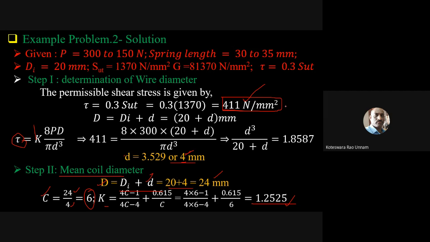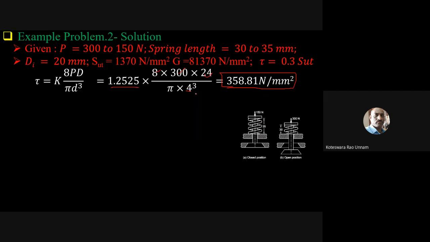Allowable stress is 411, but with the load of 300 newtons on the spring, even if you consider the effect of direct shear stress as well as curvature effect, the resultant shear stress is only 358.81. Therefore, your design is safe from the strength point of view.